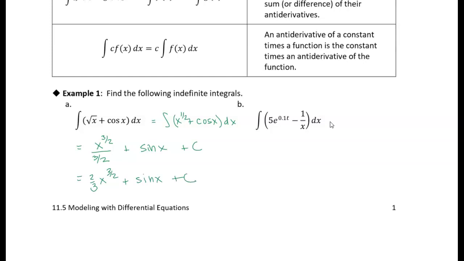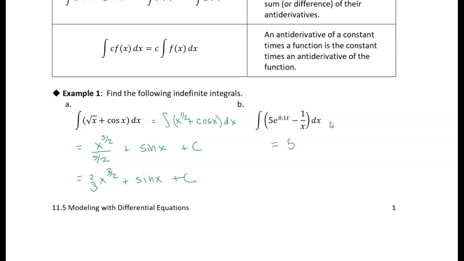All right, let's try another one. Here, we have 5e to the 0.1t minus 1 over x. Now, remember, we have a difference of two functions. Sometimes you can just leave it that way, but I could break it up into two different integrals. But I know that the integral of a difference is the difference of the integrals, so I'm just going to skip that step. So I have the 5, and that's just going to hang out in front.